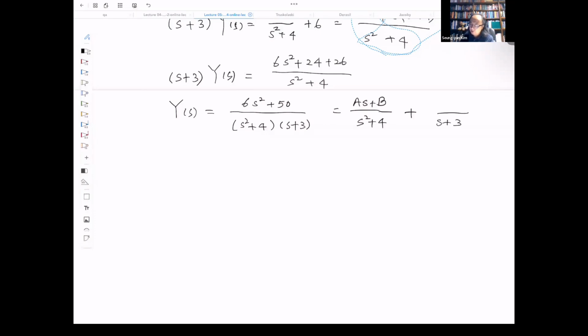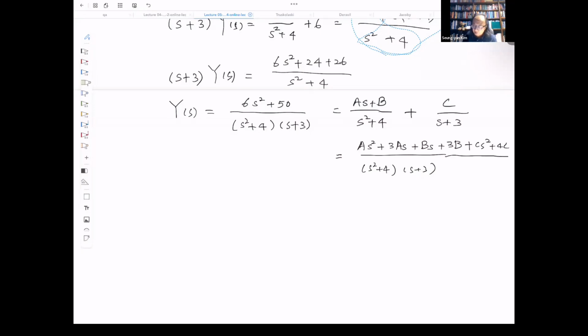For that numerator, only C. Now, when we make the common denominator, the numerator is going to be As squared plus 3As. Now for B, Bs plus 3B. C terms, Cs squared plus 4C.